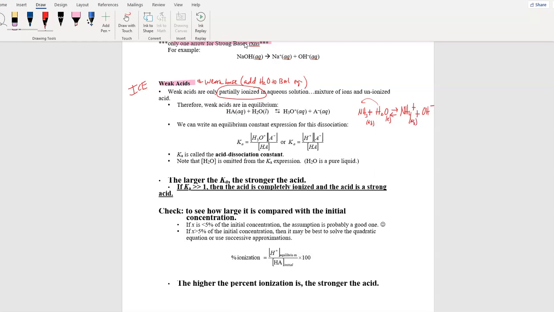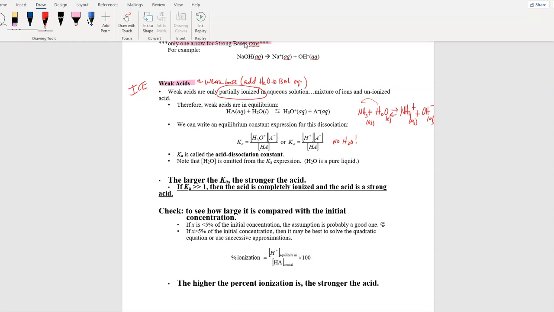Same thing with the acid. If Arrhenius says you have an acid that breaks apart, you got to be producing some hydronium. We can write a Ka expression, products over reactants, okay, so either with the H or the hydronium, but no water, ever, ever, ever.